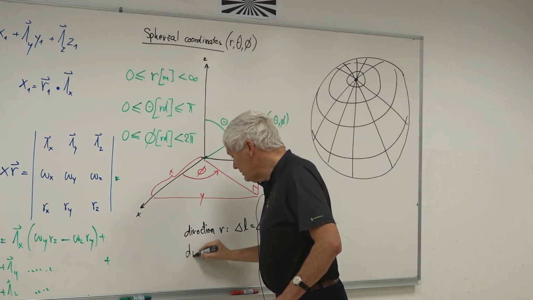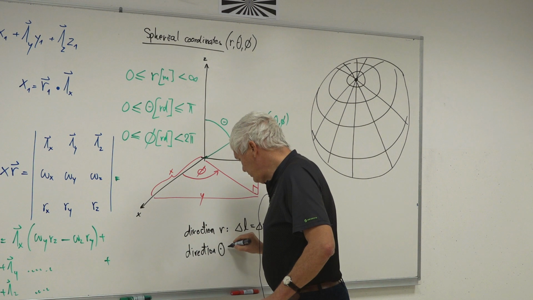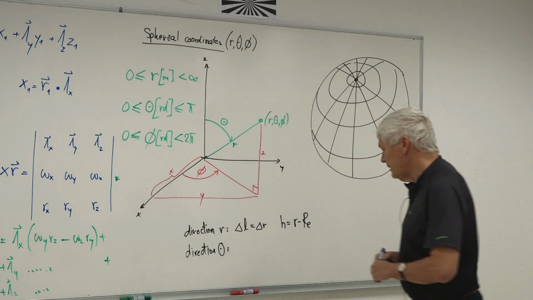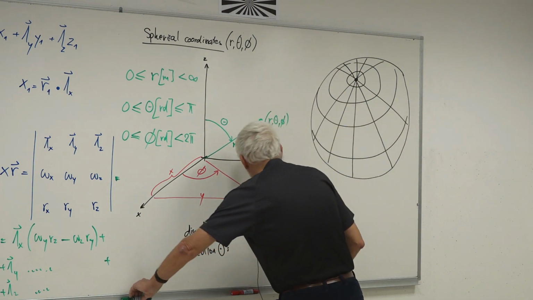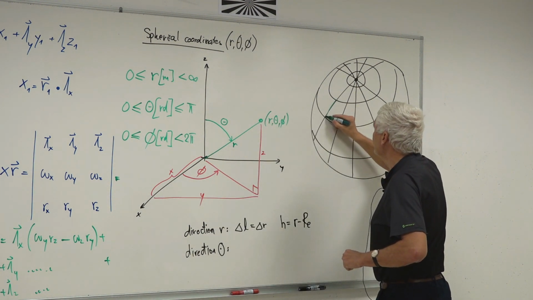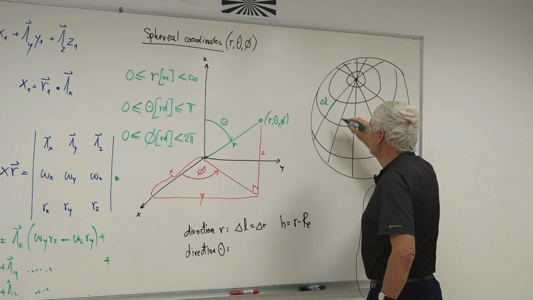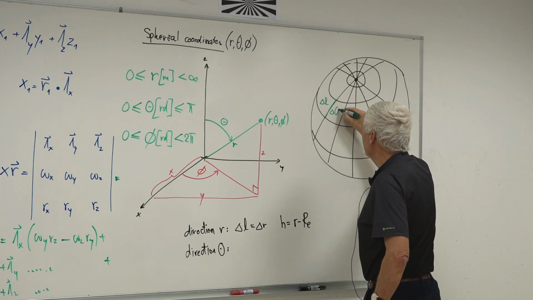In the direction theta, where do I move? In the direction theta, I move along a meridian. So I make this travel here. This is delta L in the direction theta. That corresponds to a delta theta.